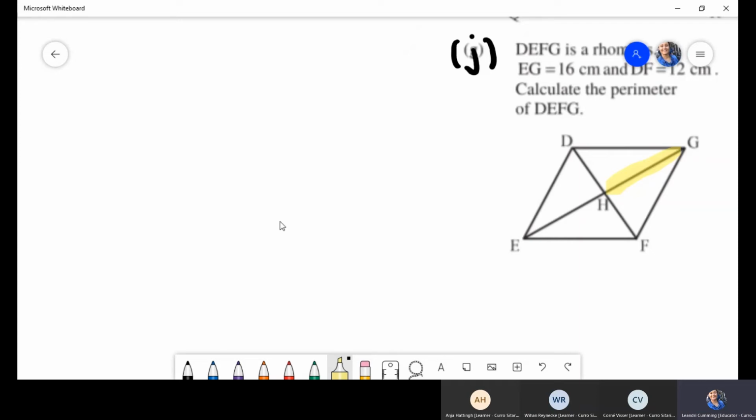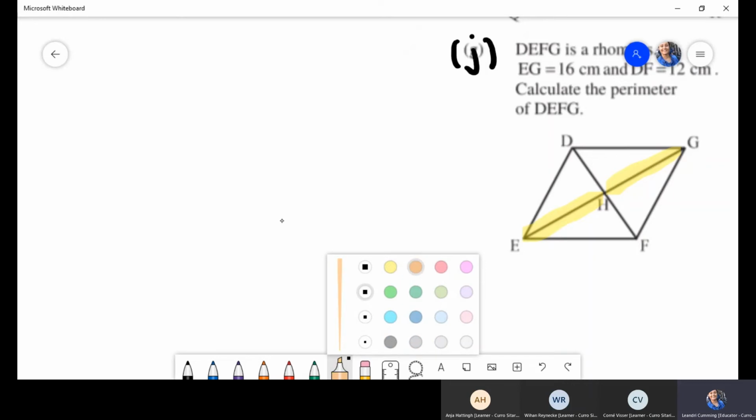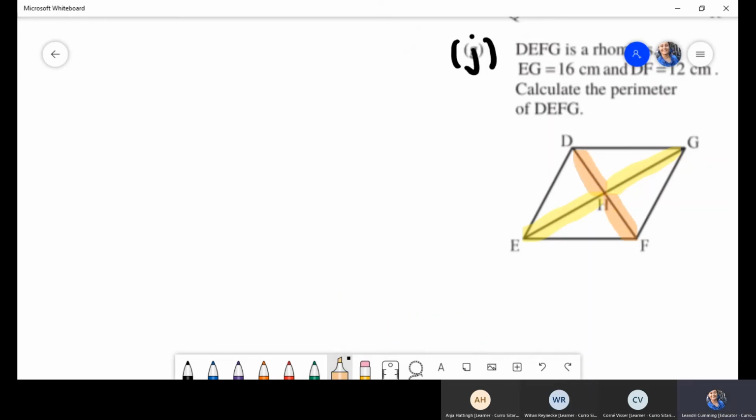Diagonals of a rhombus are also perpendicular. So that's a really, really important thing there. And what I'll do here is I'll just make these lengths are all the same, right? These are the same lengths. These are all same. But what I do know is that a rhombus has that 90 degree right there in the middle, okay?